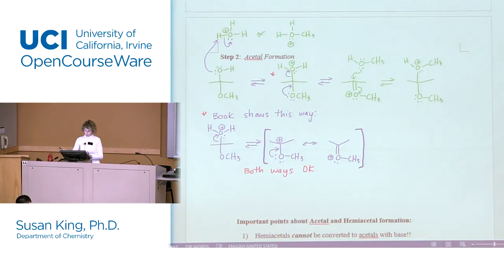Our last step is to deprotonate. So I'm going to just deprotonate with methanol. In an acid catalyzed mechanism, we're deprotonating, and then we're actually going to regenerate our catalyst. So it looks like that.